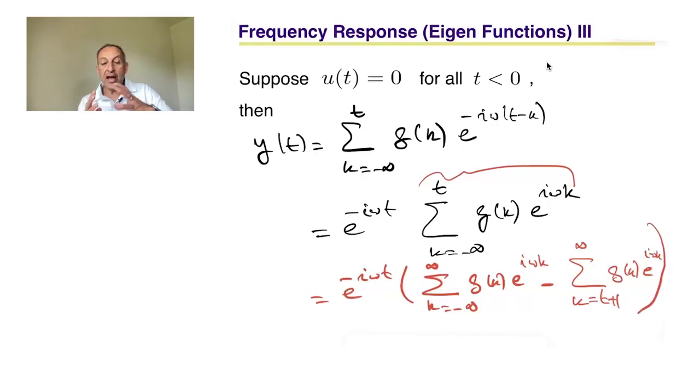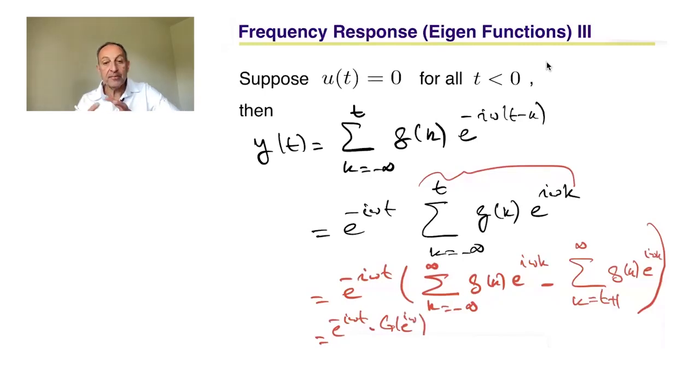See what I'm saying? I am now representing the summation from minus infinity to t as the actual Z transform, but subtracting a piece that is not in the expression. Now this is going to be e to the minus I omega t times g of e to the I omega.